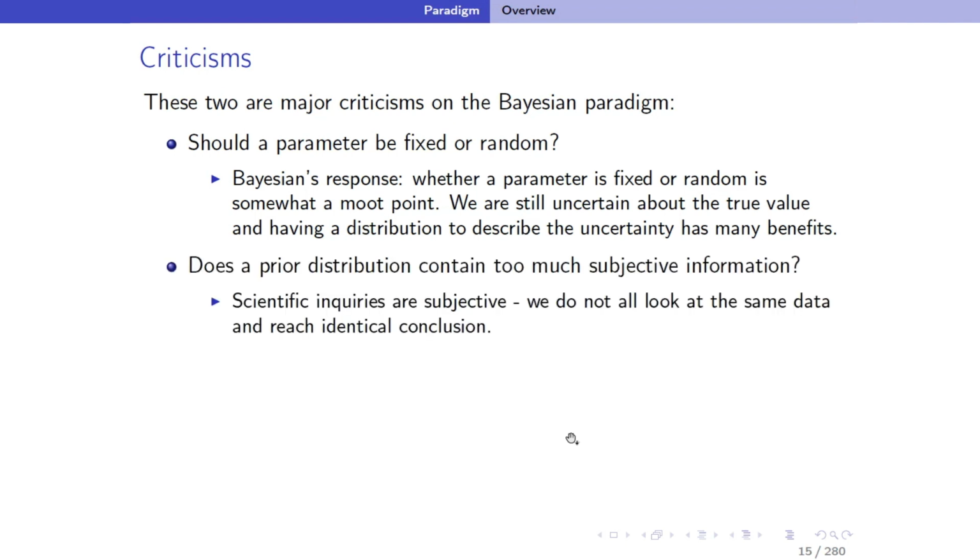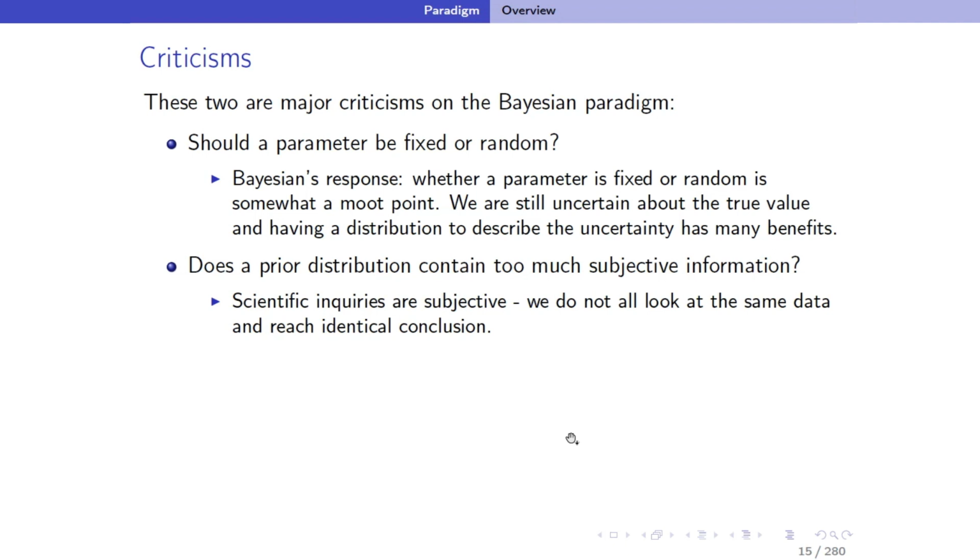And then the second criticism of the Bayesian paradigm is that a prior distribution contains too much subjective information, in the sense that we are being too subjective and our own belief is driving the analysis. You'd be surprised how often this comes up. And the fact of the matter is that scientific inquiries are subjective by nature.